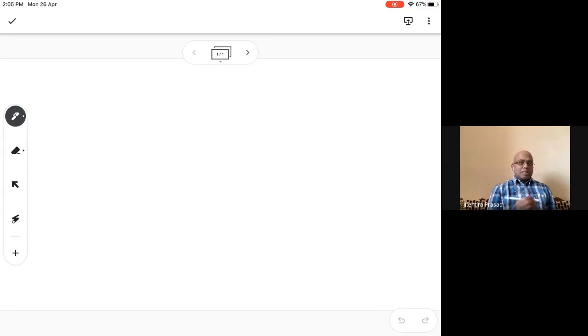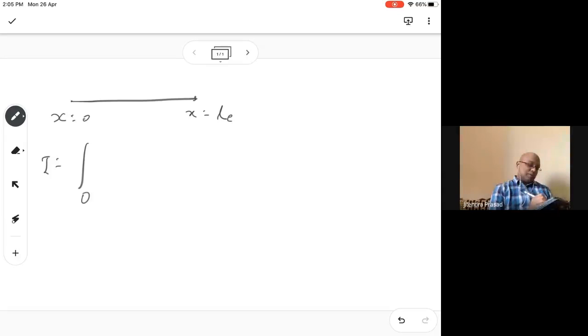Let's say this is the one you want to integrate: it goes from x equal to 0 to x equal to LE. So you are going to integrate from 0 to LE some function of x, dx, right?